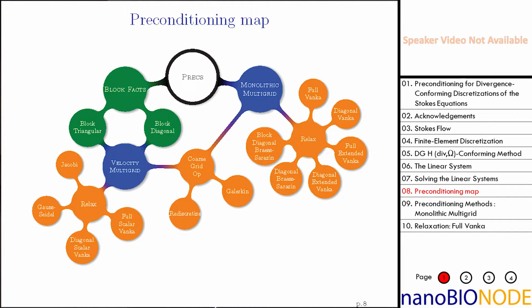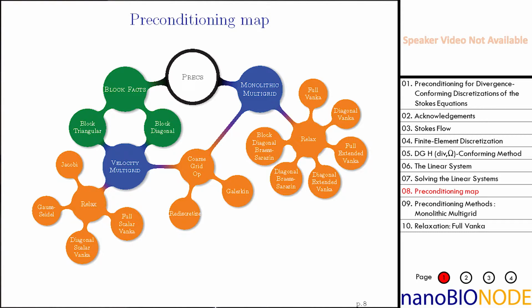You can either rediscretize your problem on coarse grids, or you can use Galerkin operators. And then there are several versions of relaxation. These Vanka, like an extension of a Vanka method or a reduction of a Vanka method, which is a block Gauss-Seidel method. Or you can just look at the point versions.